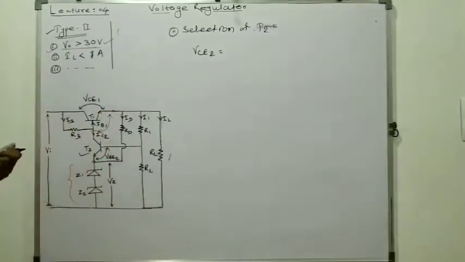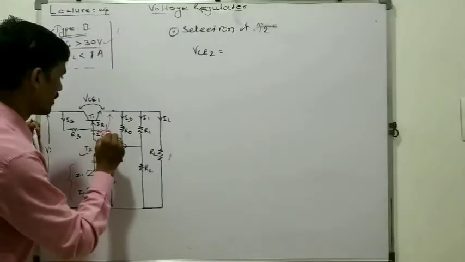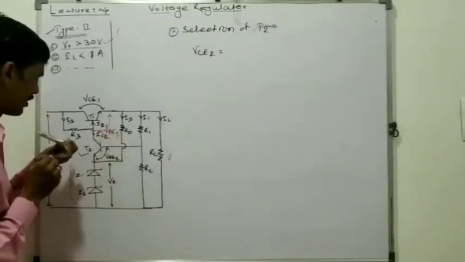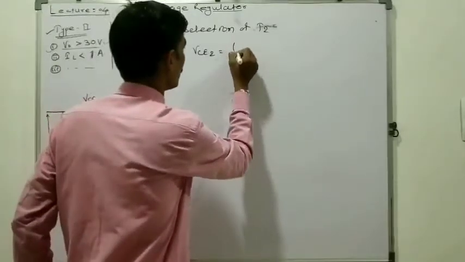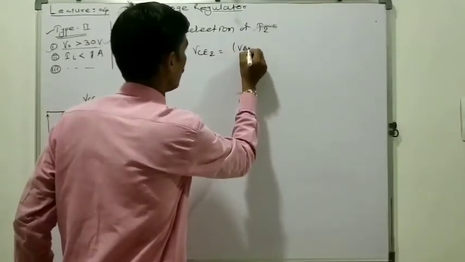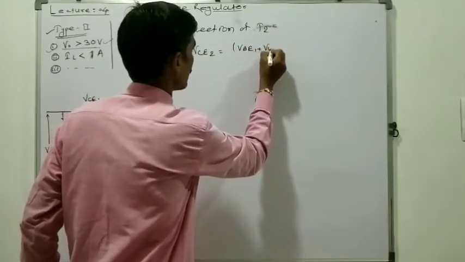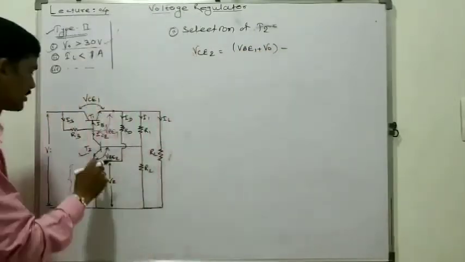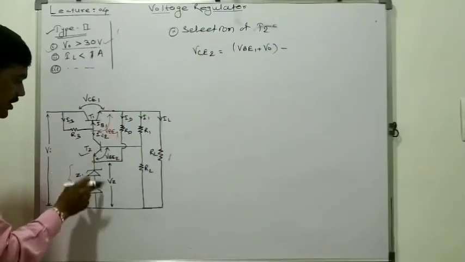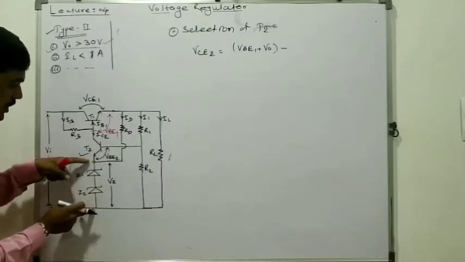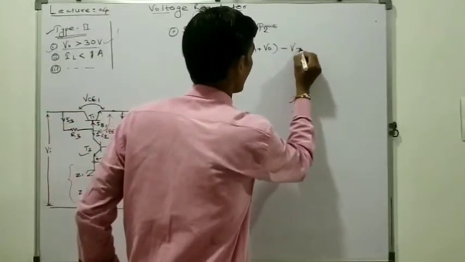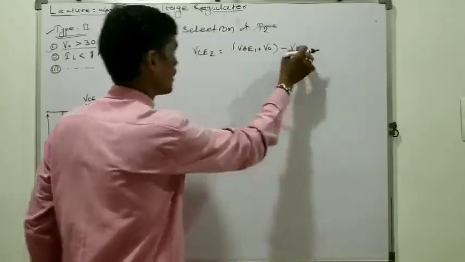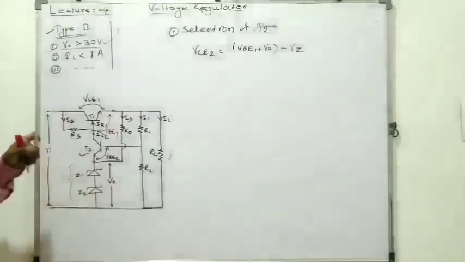We know that load voltage is 30 volt, and this is VBE1. VBE1 is generally assumed to be 0.7. So this equals VBE1 plus VO minus the emitter voltage. Emitter voltage is the voltage across these two Zeners, that is VZ, which is the addition of VZ1 and VZ2.